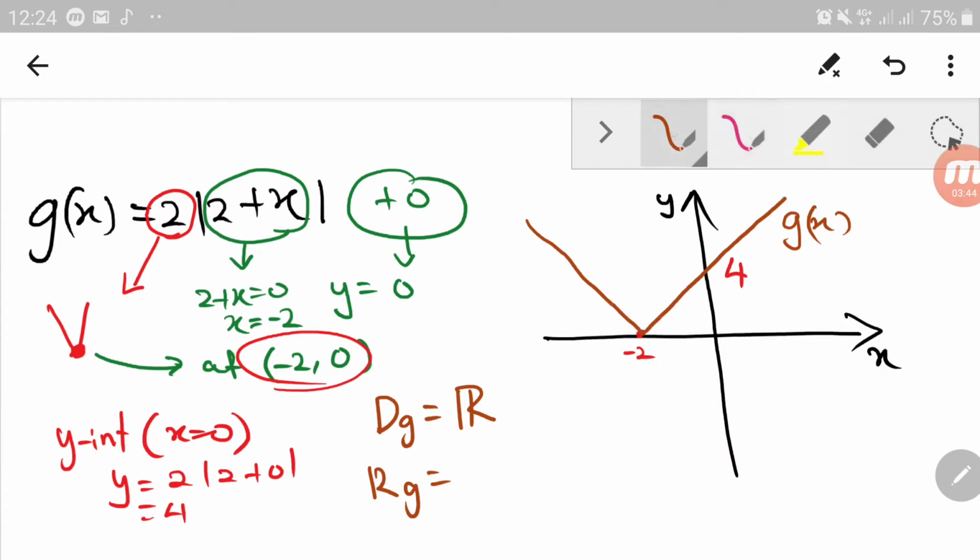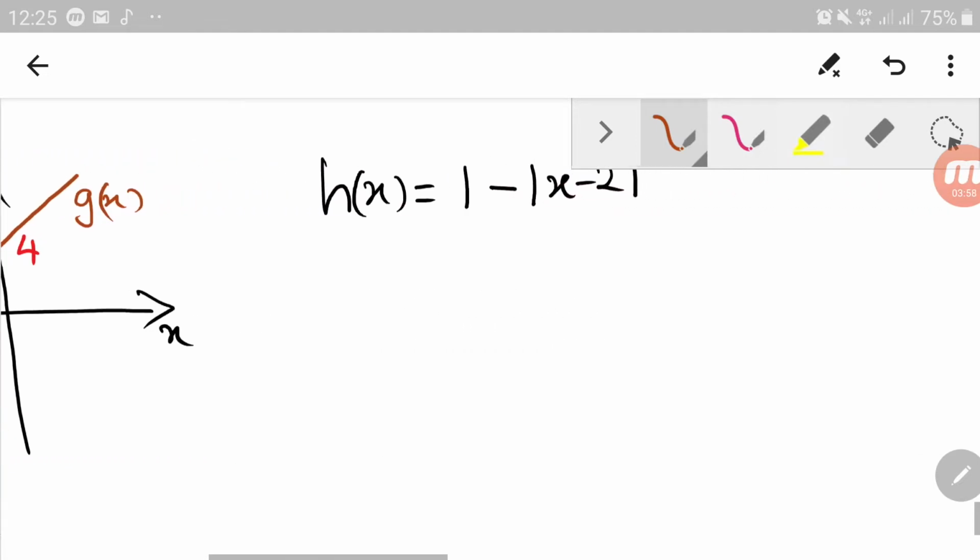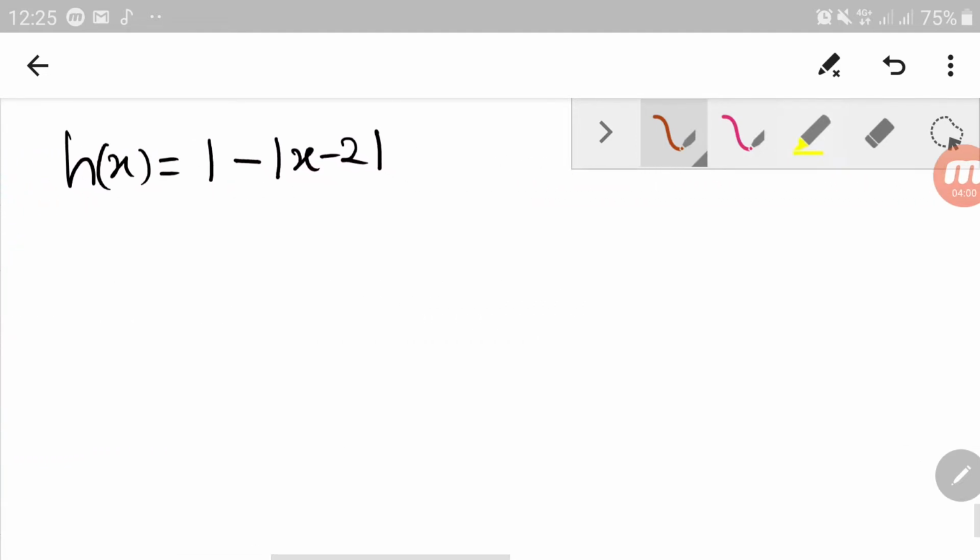So that's for the first one. Let's go to the second example.